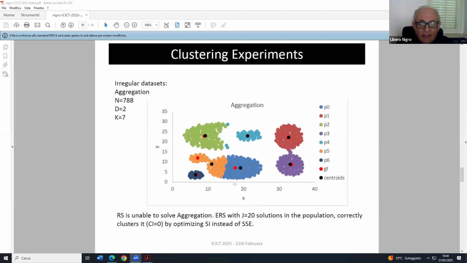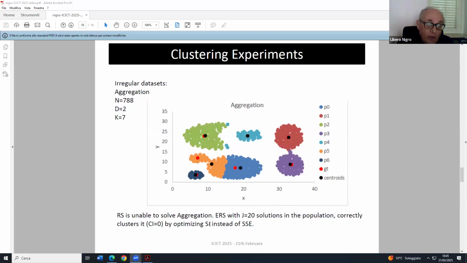Now, this is another data set which has a particular cluster shape, which is not regular in this case. It is a well-known data set which is handled in a very good way by density peaks based clustering algorithms. We have solved it by using our tool, and also in this case we achieve a centroid index of 0.